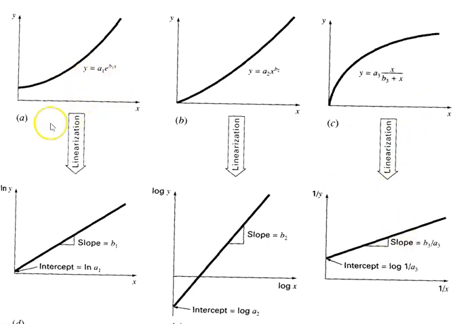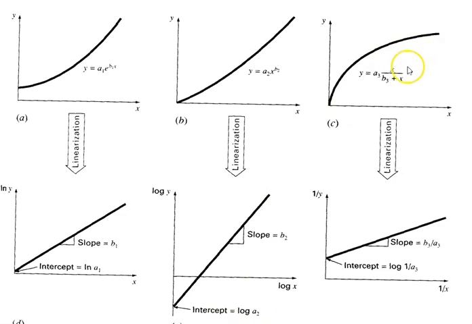After transformation, you can see that the x-axis for the exponential model stays the same, but the y-axis has been transformed from y into ln y. The slope is b1 and the intercept is ln a1. For the power model, both the x and y-axes have been transformed into log x and log y, with a slope of b2 and intercept log a2.